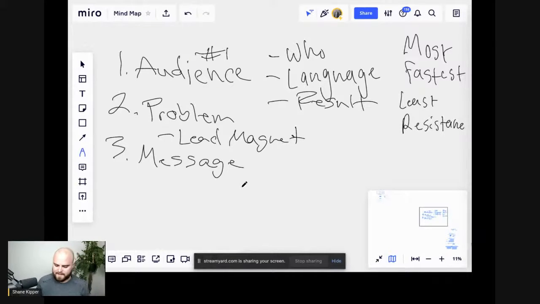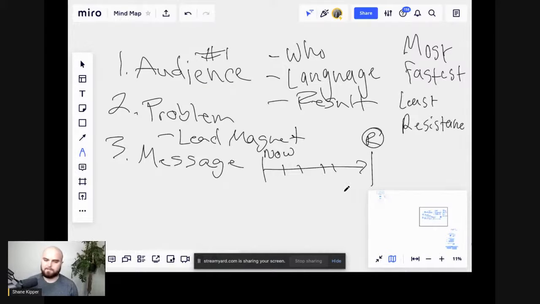When it comes to the message, especially within your marketing campaign, because we know the audience and the problem that they're having, we can lead them down a path that gets them to the result that they want, right? They're currently here, but they want to be here at the result. And so on that path, there are core steps, main steps that person would have to take.